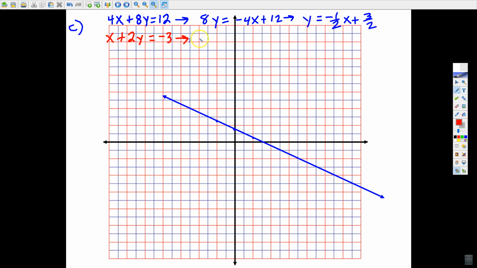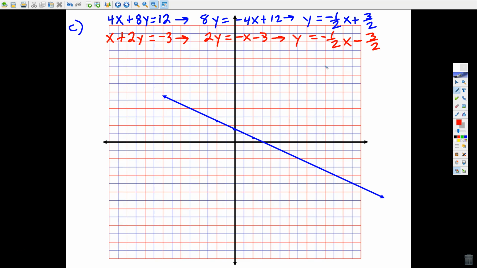I'm going to subtract x from both sides. And we've talked about this when we were writing linear equations. What do we know about two equations that have the same slope and different y-intercepts?